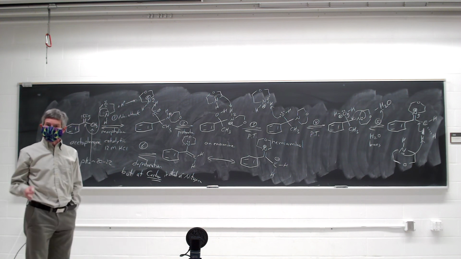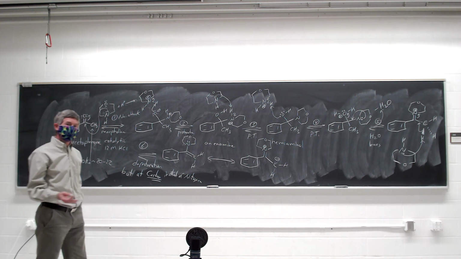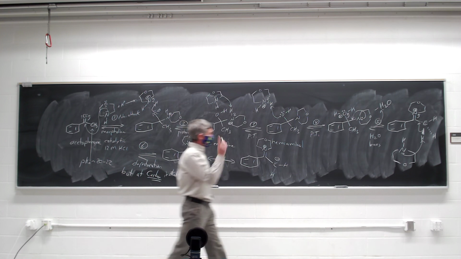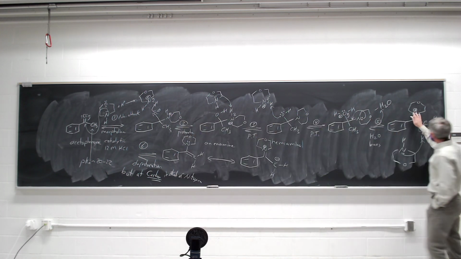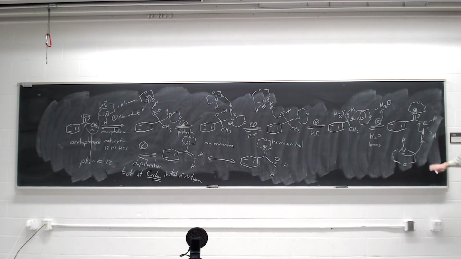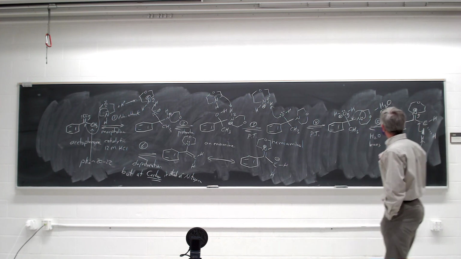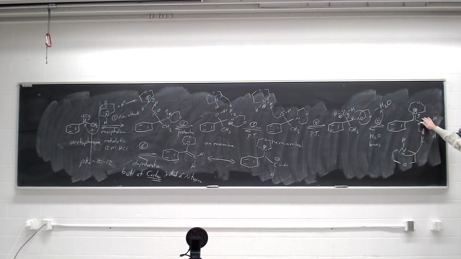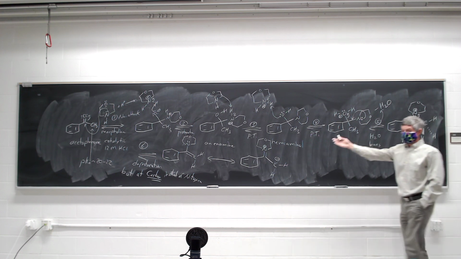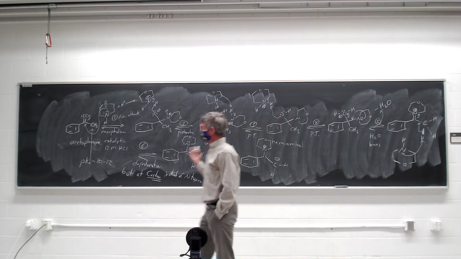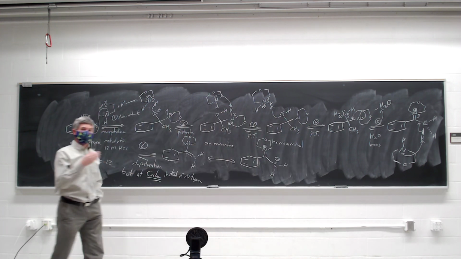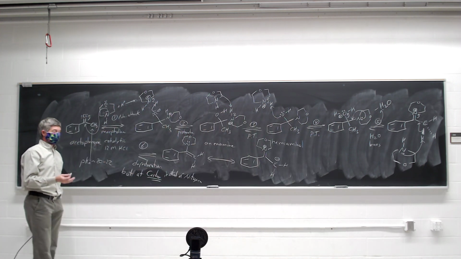So mechanistically, enamine formation looks almost identical to imine formation, except that in step 6, because there's no hydrogen left attached to the nitrogen, we have to take it off the adjacent carbon. And with benzaldehyde, we would have been stuck, right? We would have stalled out at this iminium. There'd be no hydrogen that could be removed, and the reaction would simply have reversed. So there is no reaction between benzaldehyde and morpholine overall.